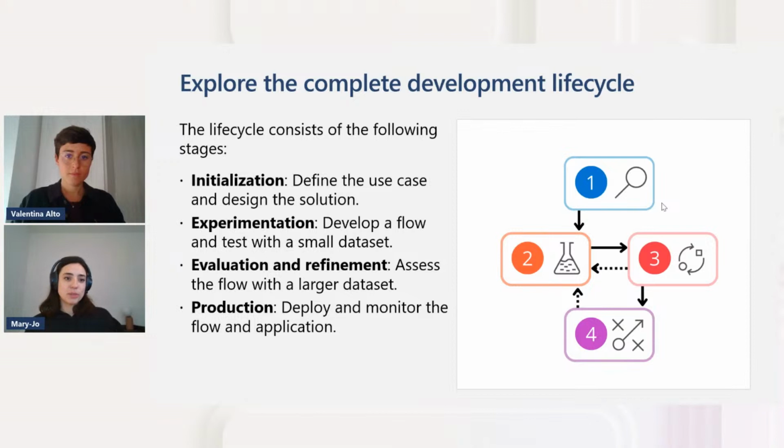The very first thing, of course, number one, is that you need to initialize it. Initializing mostly means that you need to define the use case and design the solution. So think about all the components that are necessary to create that solution. Similar to whenever you would work with any other AI model, you need to think about the problem that you're solving.